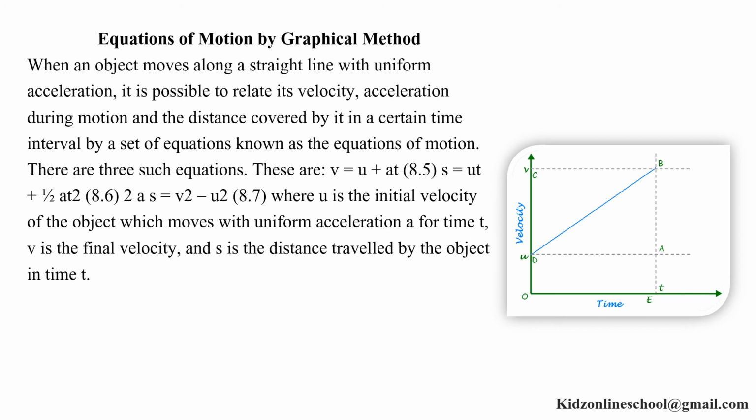These are v = u + at, s = ut + 1/2 at², 2as = v² − u², where u is the initial velocity of the object which moves with uniform acceleration a for time t, v is the final velocity, and s is the distance traveled by the object in time t.